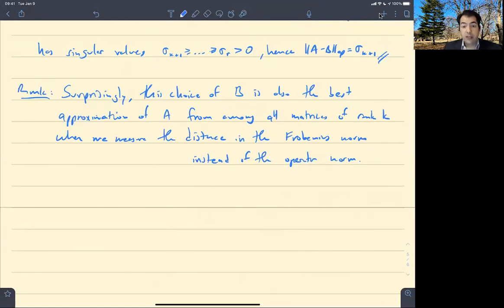Right? So this really is the matrix you want to use if you want a matrix of rank k that approximates your given matrix. All right, and we'll stop there and pick it up from there next time.